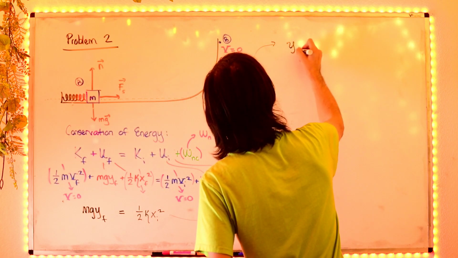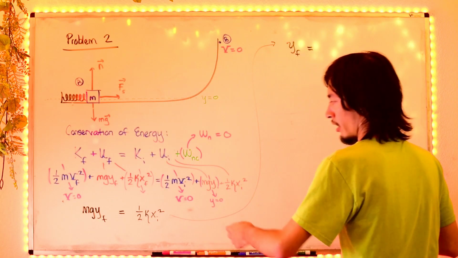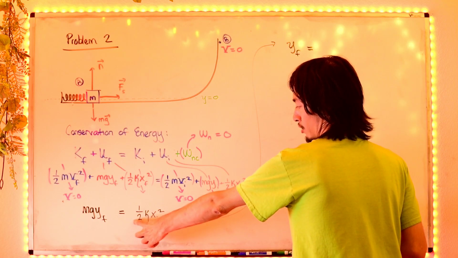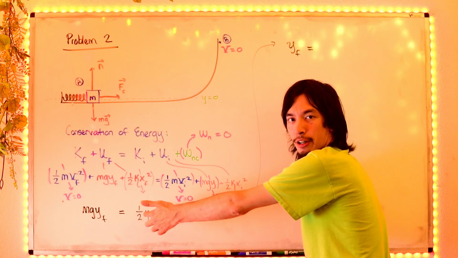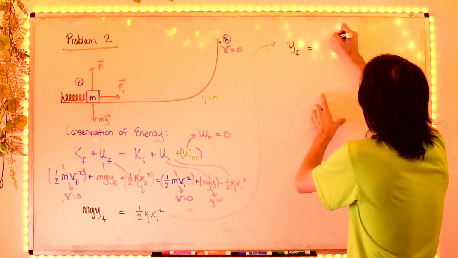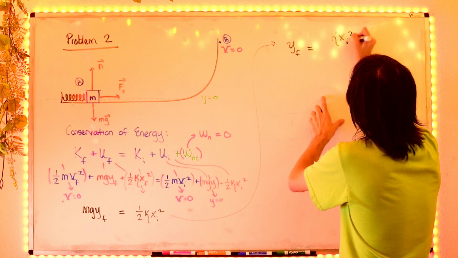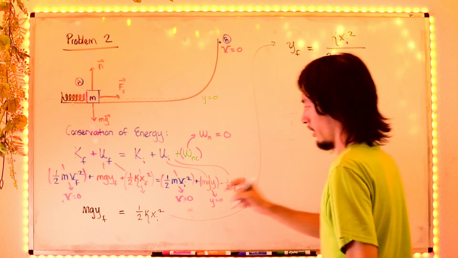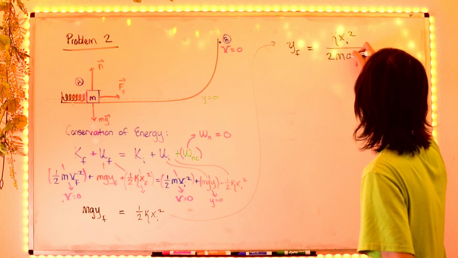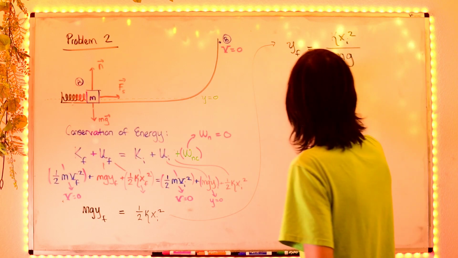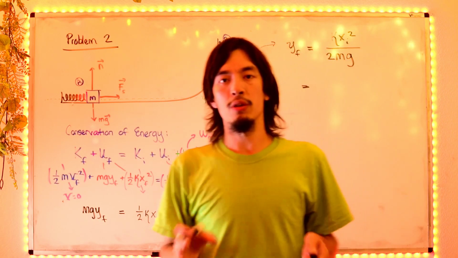So y final equals, we have this term which is 1/2 kx squared. I'm going to drop the 2 into the denominator, so I'm going to write kx initial squared divided by 2mg, with mg on the bottom. We have all of the values for this, so we're just going to plug all of those in.